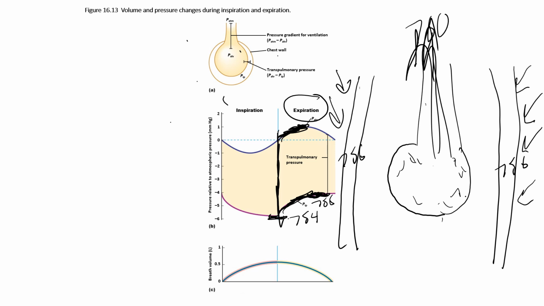As more and more air leaves the lungs off into the atmosphere, there's less and less air that actually exists in the alveoli itself, and that will cause the pressure to decrease. There'll be less and less gas molecules in here, and they will be less compacted, and thus pressure actually will decrease in the alveoli until it's exactly the same as atmospheric pressure.